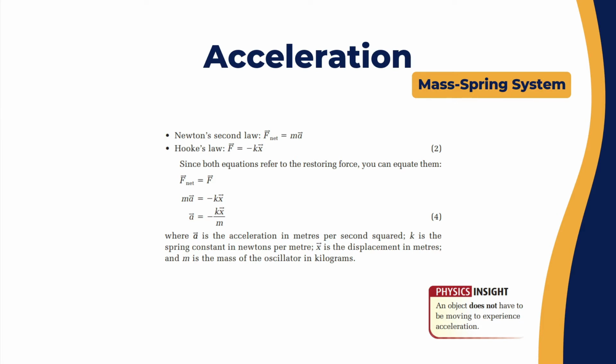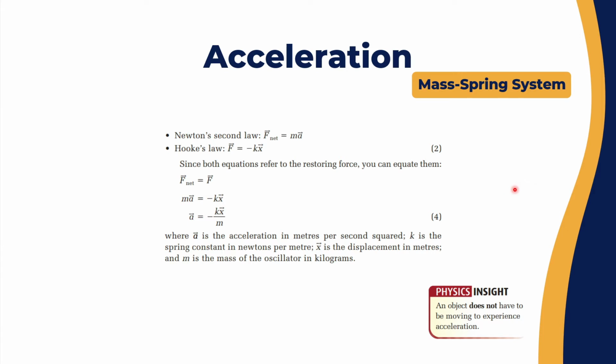The author is mentioning that the object does not have to be moving to experience acceleration. What does that mean? When you pull the box connected to the spring and let it go, the box will go back and forth. At the point where the box has gone all the way to the right and needs to be pulled back by the spring, it will momentarily have a velocity of 0.